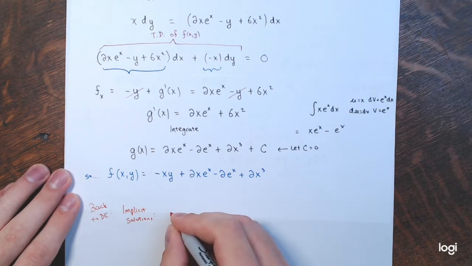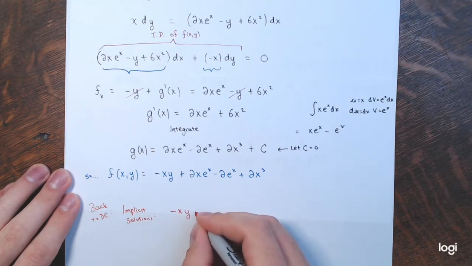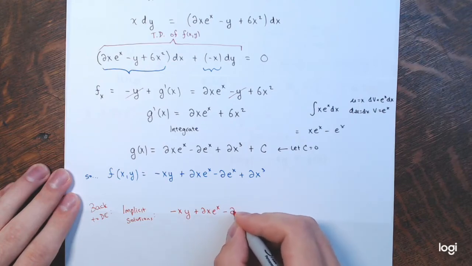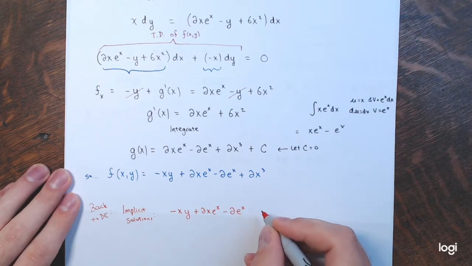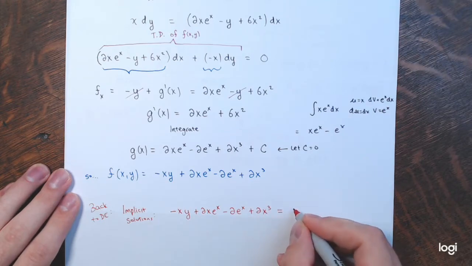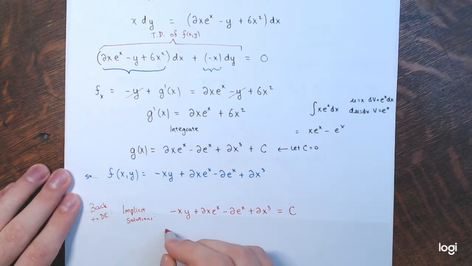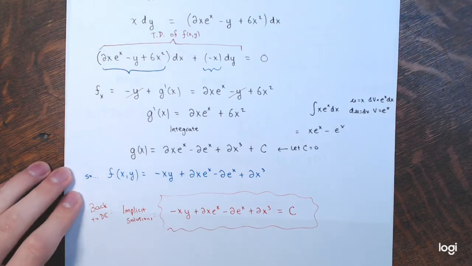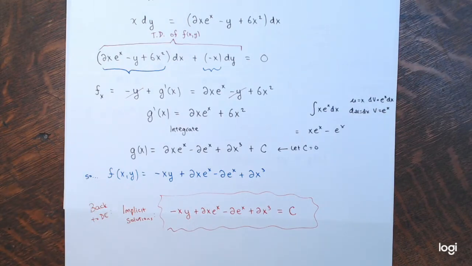That negative xy plus 2x e to the x minus 2 e to the x plus 2x cubed will be equal to some constant. And here is my family of solution curves that are solutions to this differential equation.